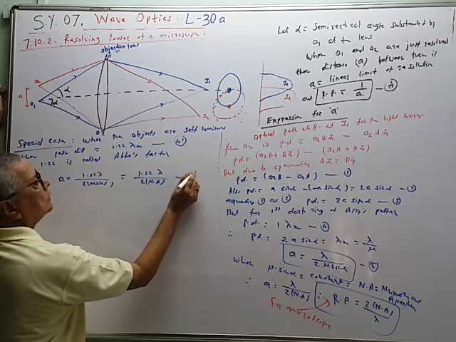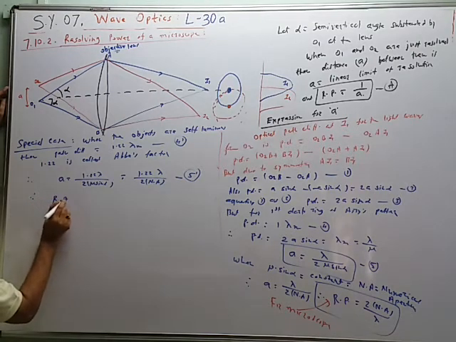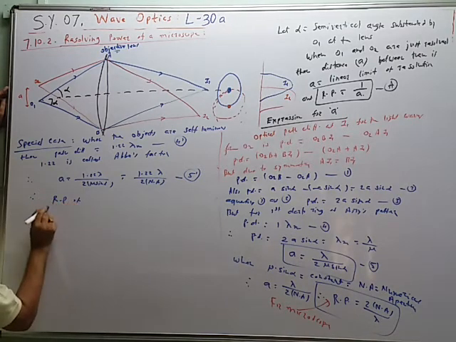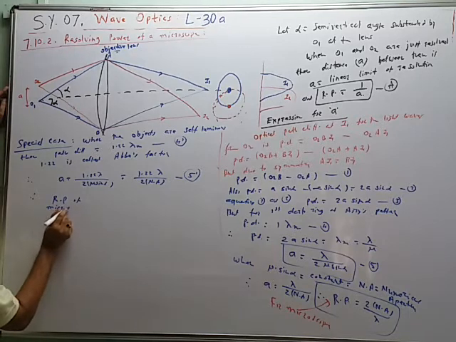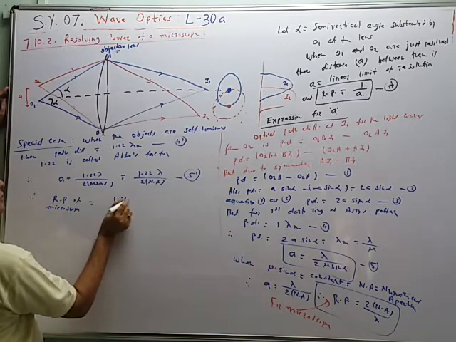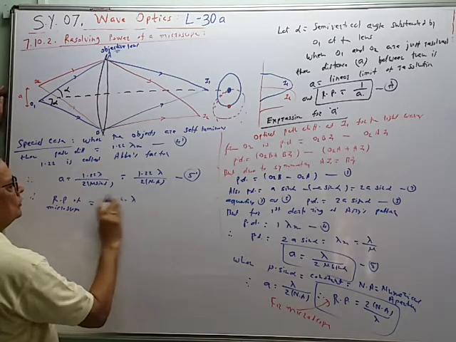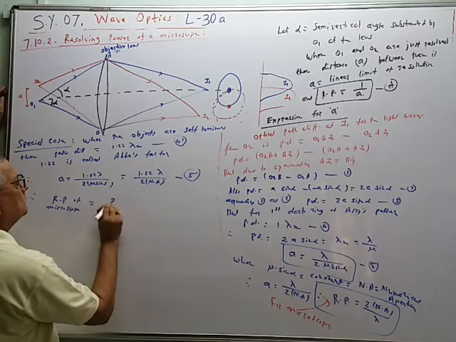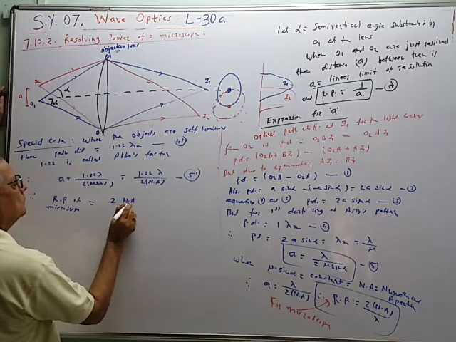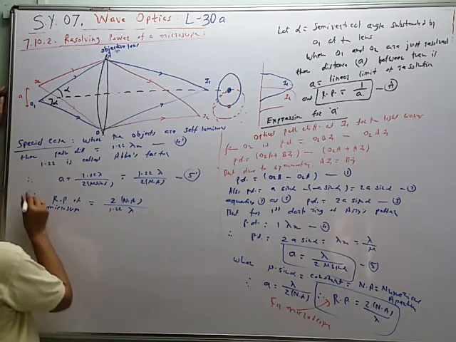This is equation 5 dash, and therefore the resolving power of the microscope is equal to 2 times NA upon 1.22 lambda.